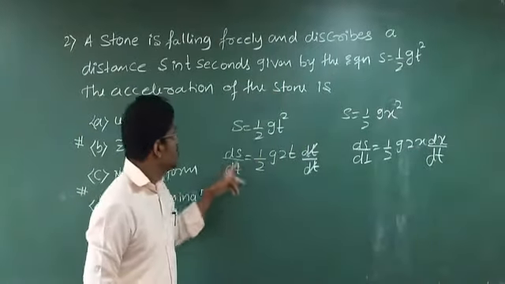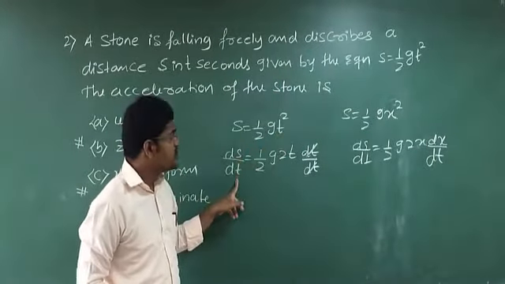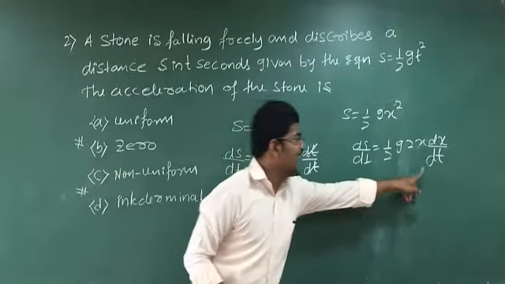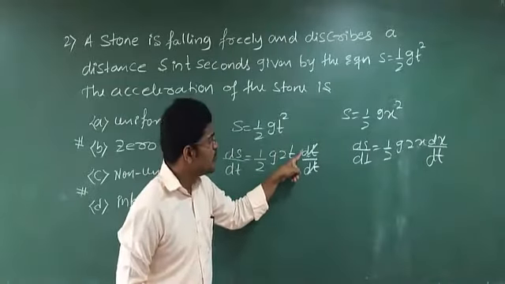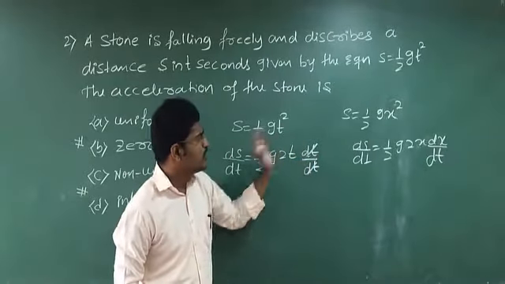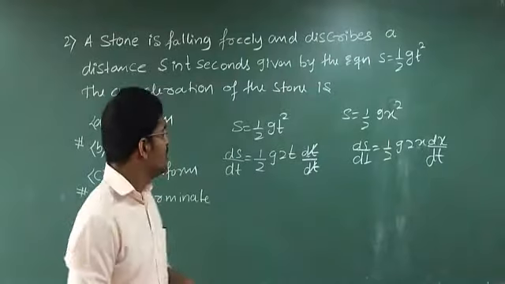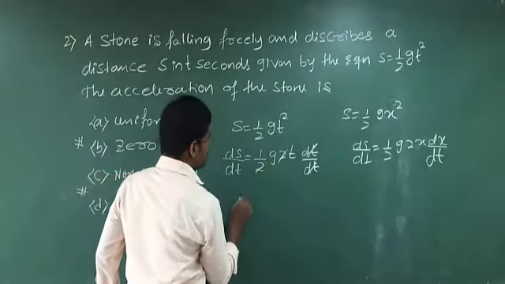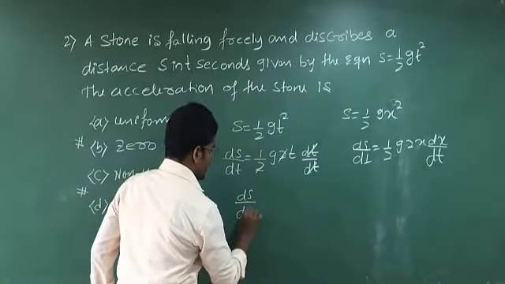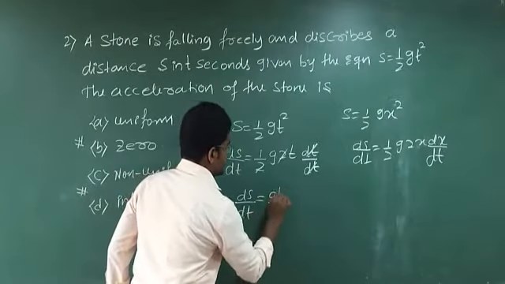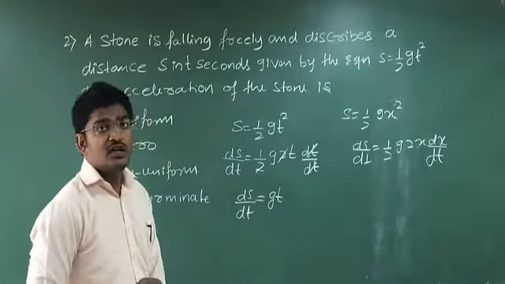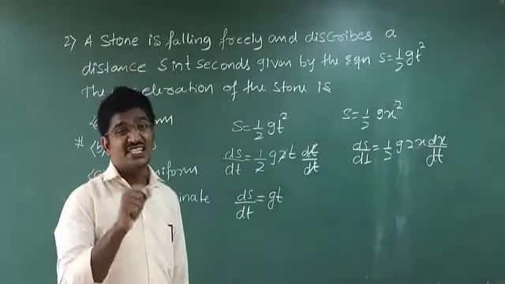But here the variable is t, you are differentiating with respect to t. If you write this term here, it will be in the form of dt by dt. So both the terms will get cancelled and we will be left with ds by dt equal to gt. Clear? So now I need acceleration.